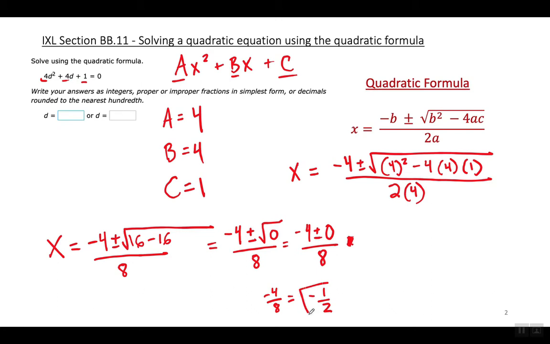That's your first answer. The second answer is if you do it with the minus sign: negative 4 minus 0 over 8. Out of all the examples I did, I didn't realize I put this one at the beginning, so sorry if this causes confusion. In this one, no matter which way I do it, you're going to get the same answer, negative 1/2.